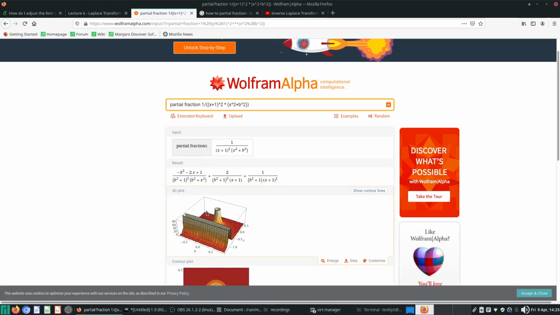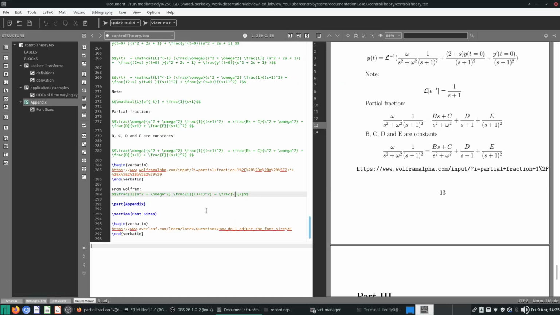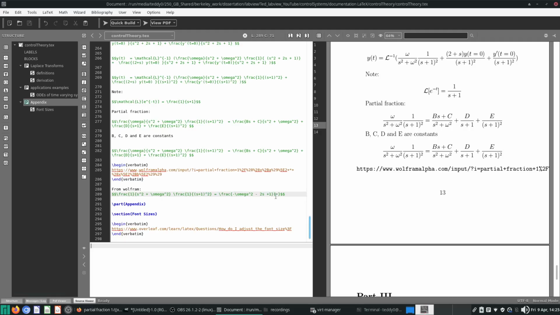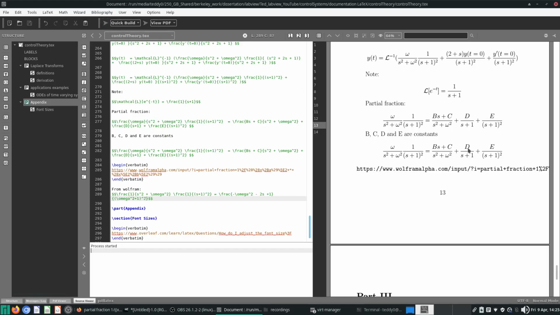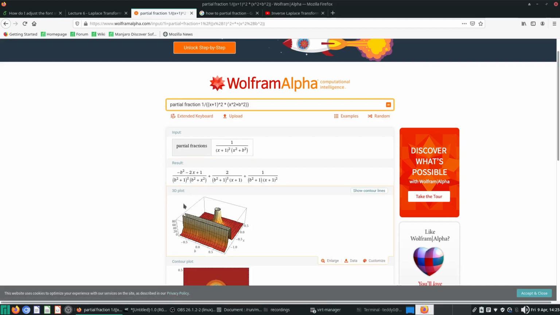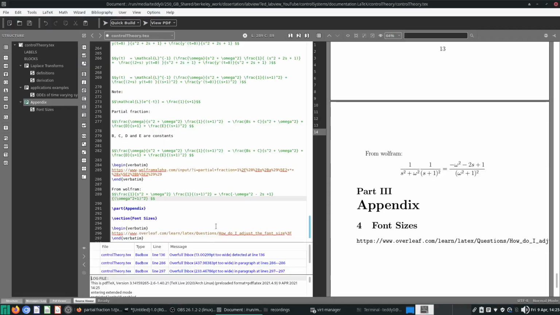So I need a minus omega squared minus 2s plus 1, over omega squared plus 1, the whole thing squared. Don't worry, all of these are constants. And then you have 1 over omega squared plus s squared.